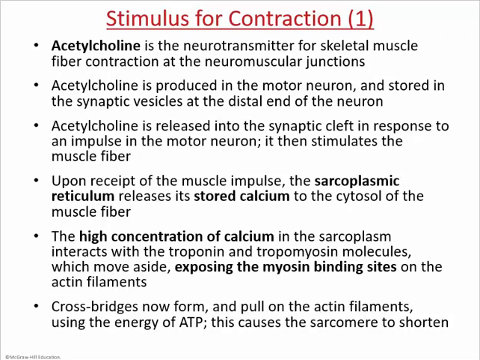So allowing a little bit of acetylcholine to open up some ligand-gated channels at the motor end plate causes a wave of depolarization and action potential and voltage-gated channels to open all over the cell, which causes calcium released at each and every sarcomere in each and every myofibril, which then causes exposing of binding sites and muscle contraction.